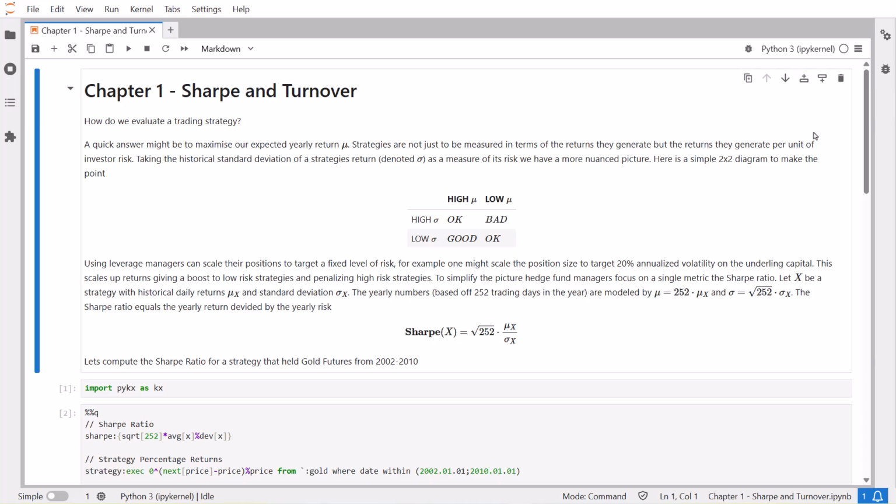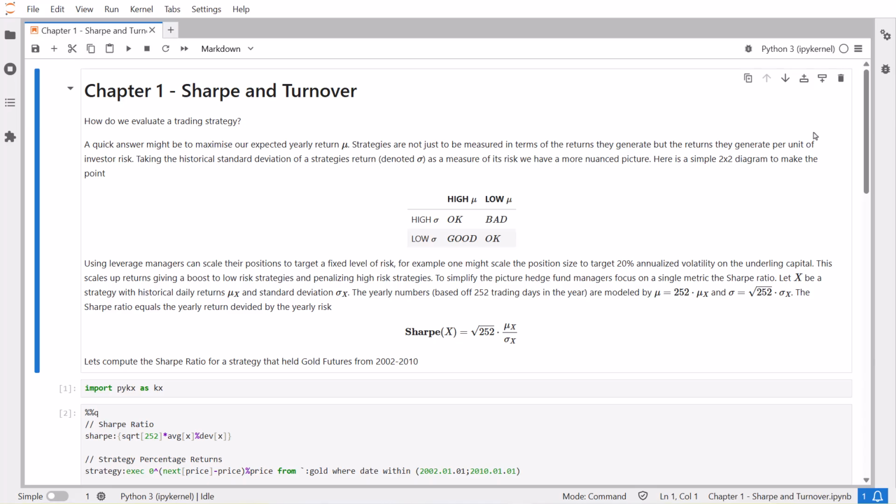So if we think about our strategy's return as a random variable, then we don't just want to measure the expected value that comes back from the strategy, but we also want to measure the uncertainty or the risk associated with the strategy. So strategies are not just measured in terms of their returns, but they're also measured in their returns per unit of investor risk.